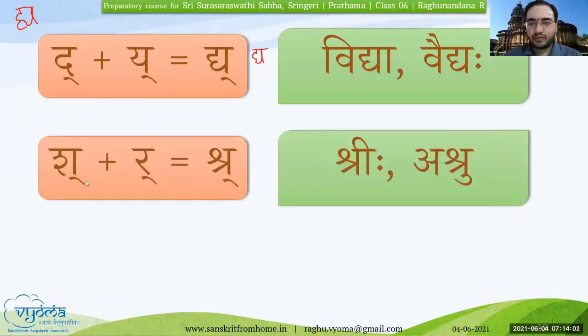Can you read the next one? Sh plus r. Shru. Sorry, shra. Shri, ashru. Ashru, shrihi. So here, if you see, two peculiarities are there.